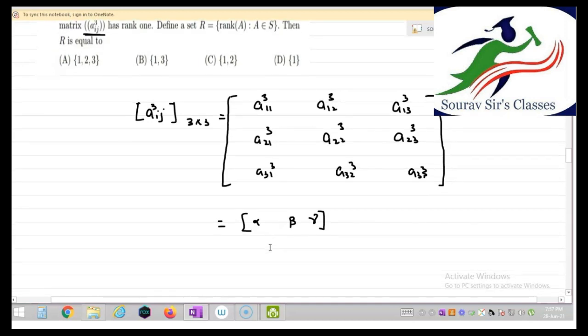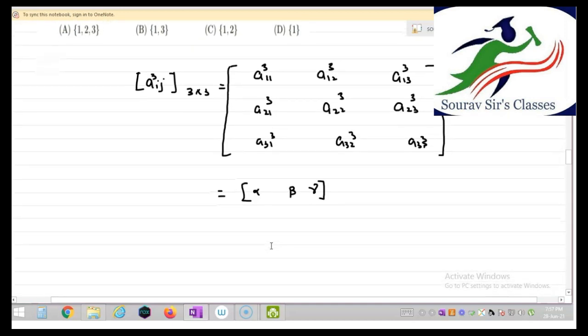Now observe that as the rank of this matrix is 1, I can say that the column rank is also 1. Column rank 1 means it has only one linearly independent column. It means if you choose any two vectors among these three, they will be linearly dependent.